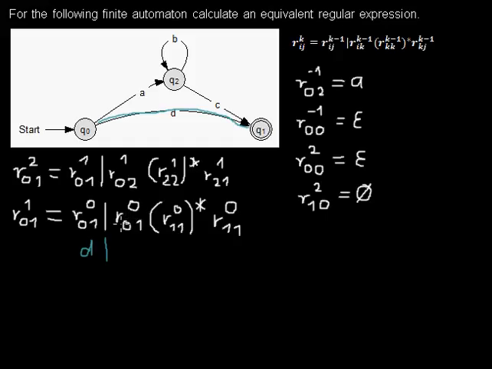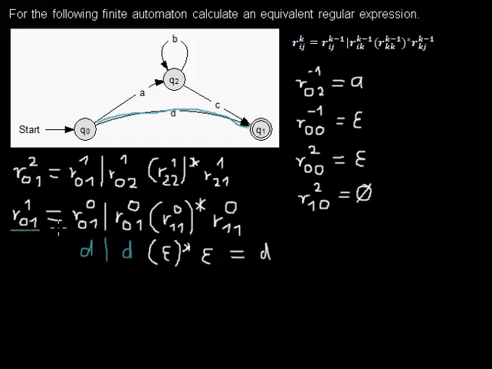Or the other possibility, well, this is the same as here. And then, well, from 1 to 1, I already told you this is epsilon because there's no other way, and from 1 to 1 again, it's also epsilon. So this whole expression here will be the same as d, because epsilon is just nothing and you can leave it away, and then you have d or d for this expression.